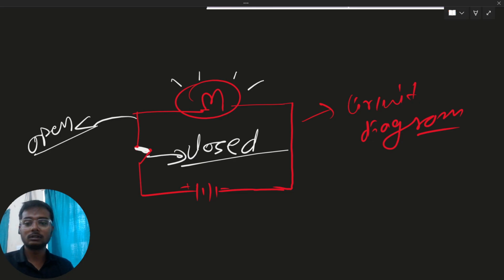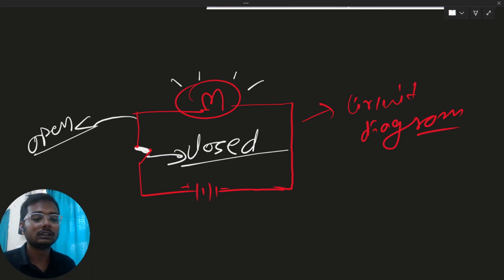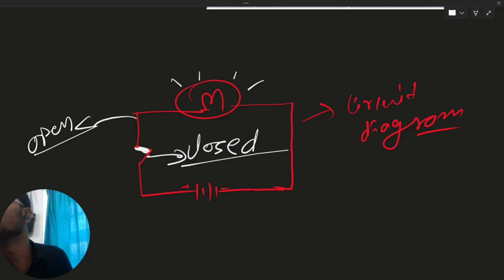Let me change the screen. One page. Wait. Let me check. Oops. Let me connect to the network. I need to show you some simulation. I guess in the last class I was showing a simulation, na, FET simulations. So same thing I'm gonna show you to make you understand better about the electric circuits. Wow, everything is happening now only.